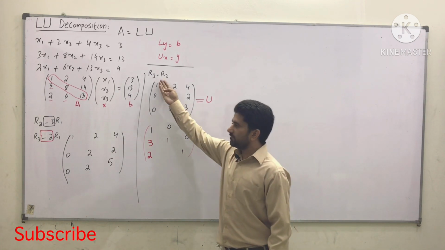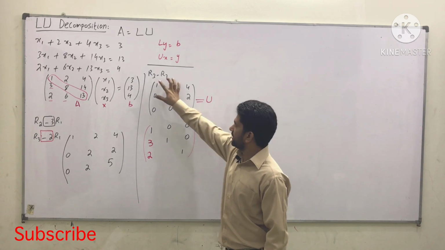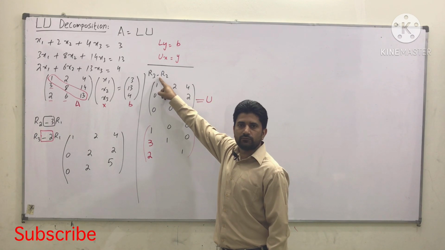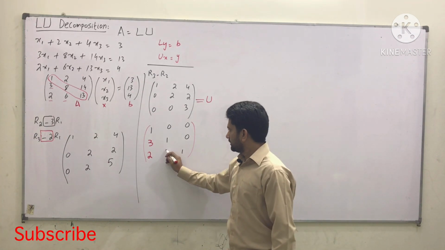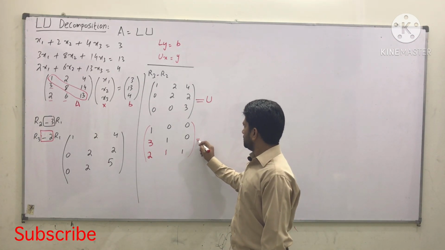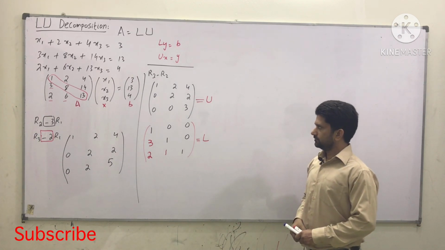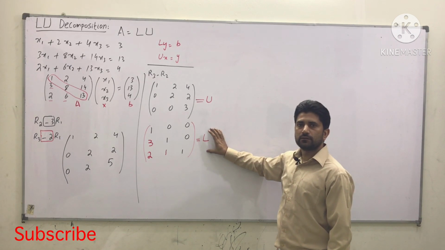This came by this operation. Look at this, we have 0 here by doing this operation. So the multiplier here is minus 1. The opposite of minus 1 is positive 1. So we write plus 1 here. Now this is our lower triangular matrix. Upper triangular and lower triangular.